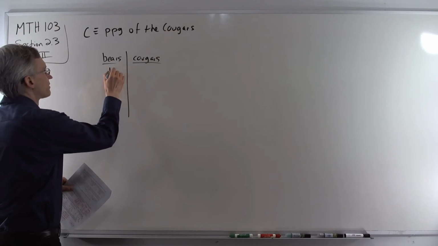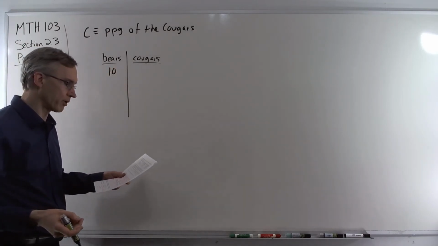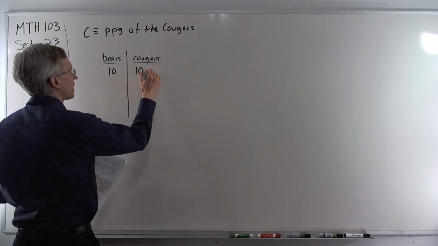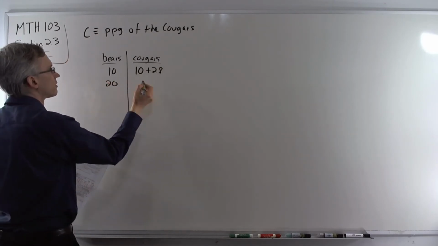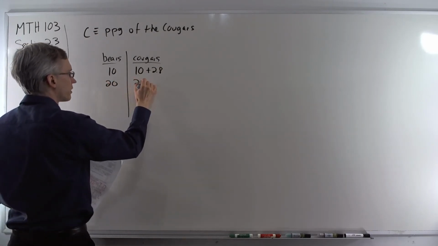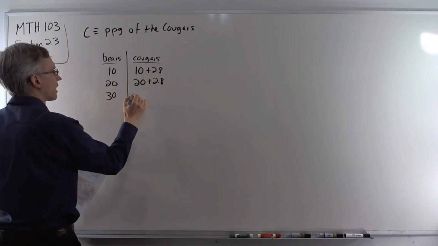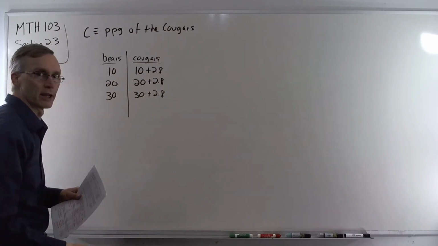So let's say the Bears have 10, and we know that the Cougars have 2.8 points per game more than the Bears. So that means if the Bears are at 10, the Cougars are at 10 plus 2.8. And if the Bears get 20, the Cougars would then have to be 2.8 more than that, so 20 plus 2.8. And if the Bears got 30, 30 plus 2.8.